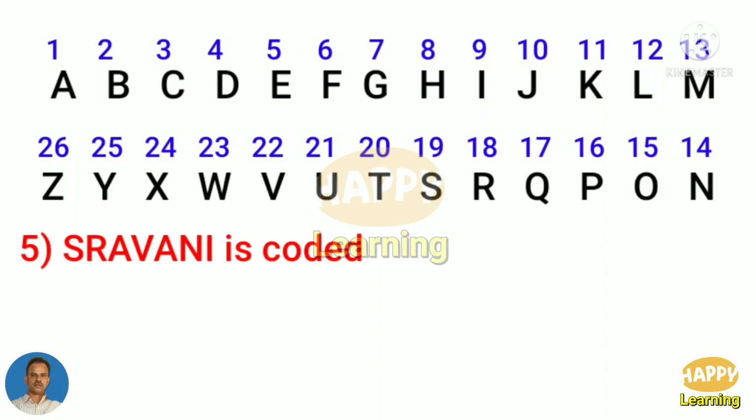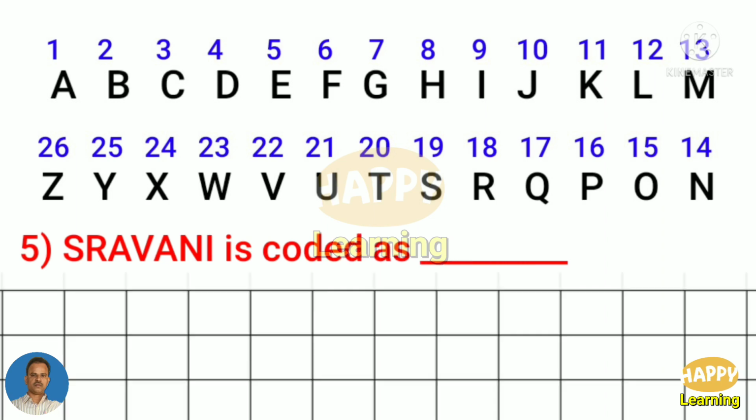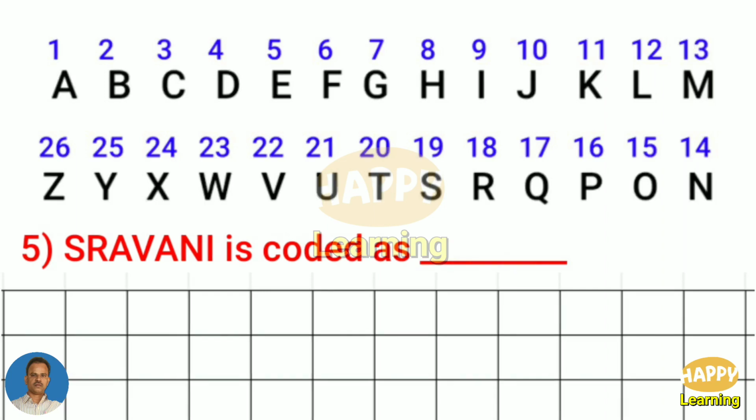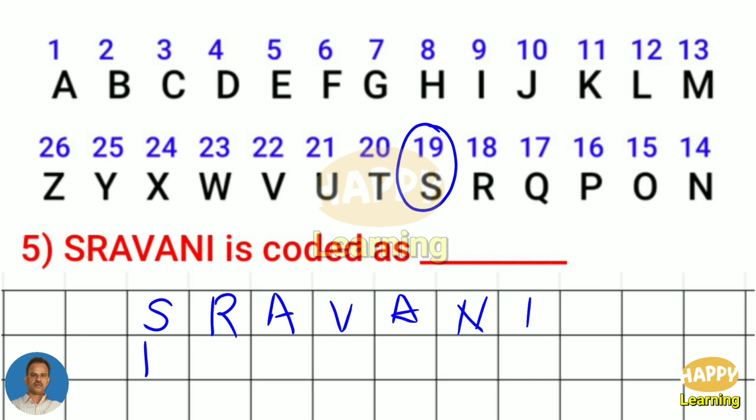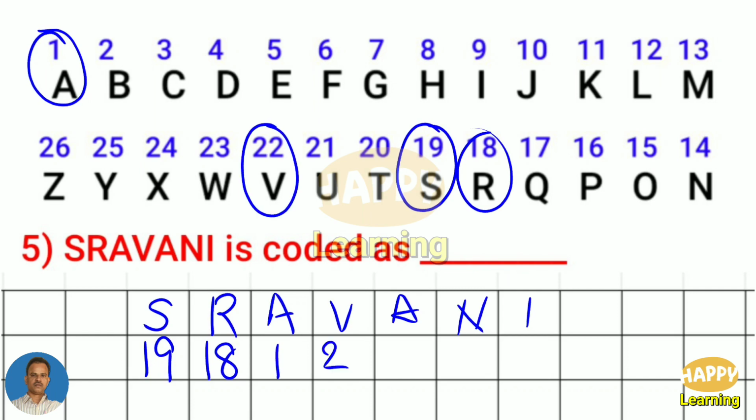Next question. Shravani is coded as. So first let me write this word here, Shravani. S is coded as 19, so 19. R is coded as 18. A is coded as 1, so 1. V is coded as 22, so 22.